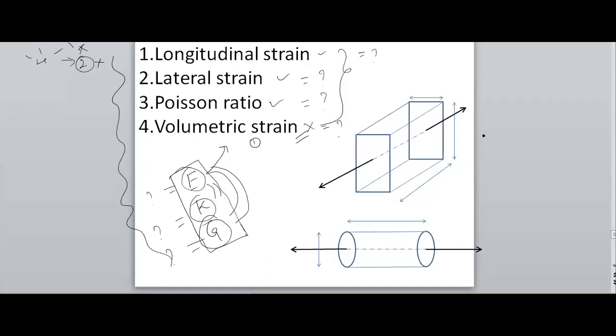So mainly 2 cross sections are considered up to now. First one is a rectangular cross section with uniaxial load, only one axis, a one dimensional problem only we have studied up to now.